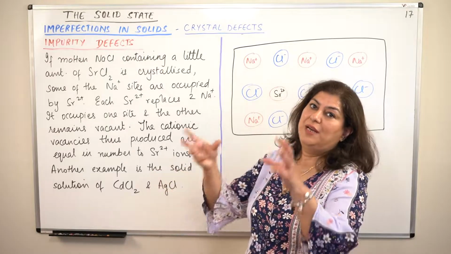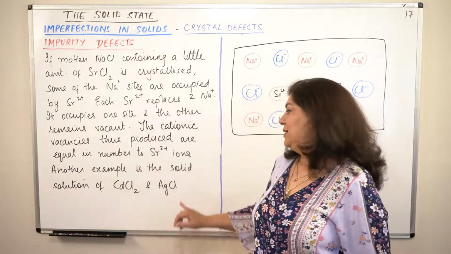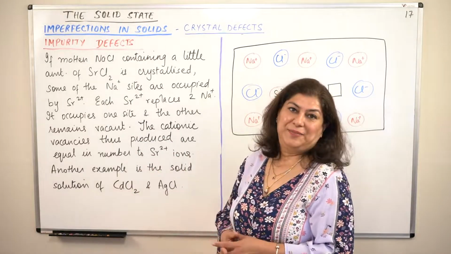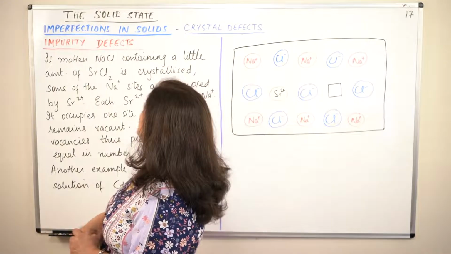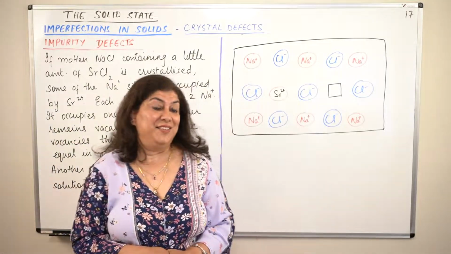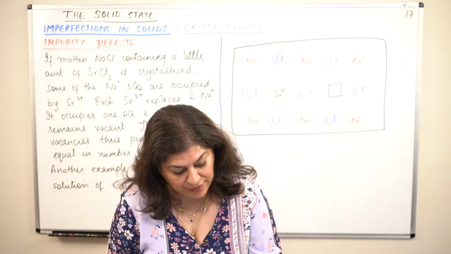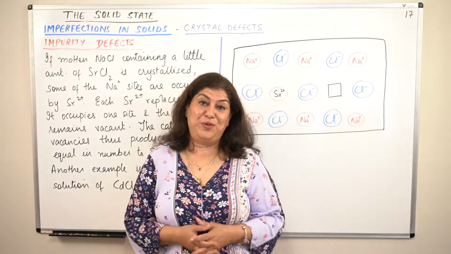It will take the place of one silver ion, and the other site will be vacant, creating a cationic vacancy. So these were the imperfections in solids or crystal defects, and the third category, that is impurity defects. With this, our defects are now over, and we'll now be moving to the electrical properties in the next video.